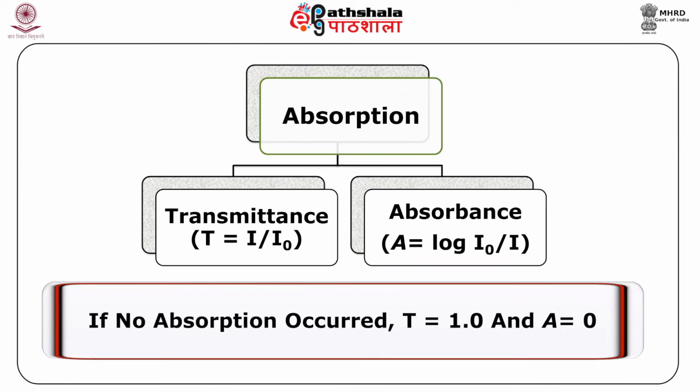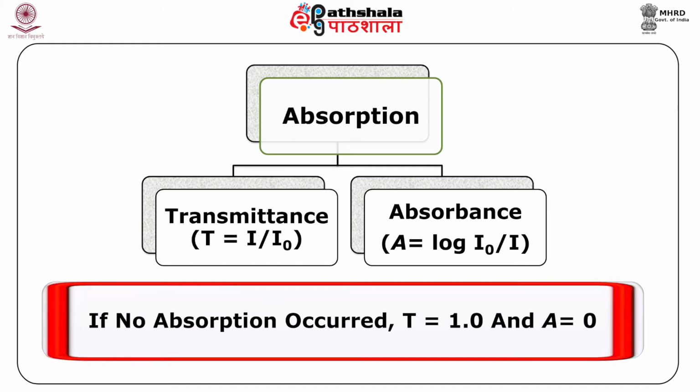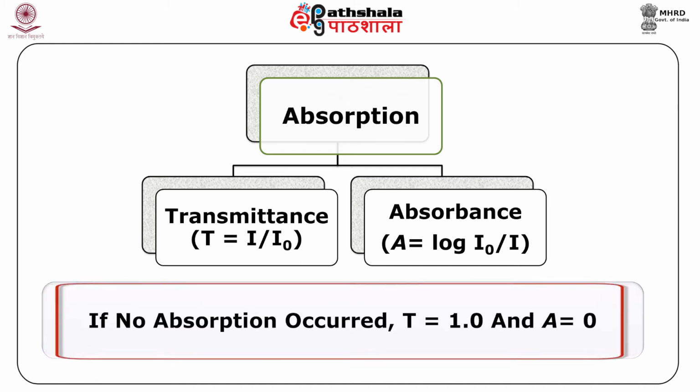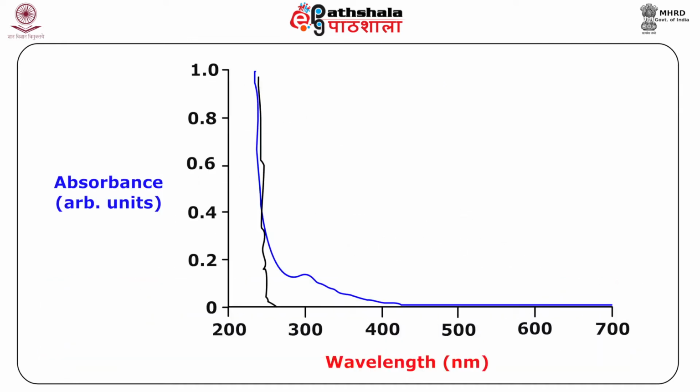If no absorption has occurred, then T is equal to 1 and A is equal to 0. Most spectrometers show absorbance on the vertical axis, and the normally detected range is from 0, that is 100% transmittance, to 2, that is 1% transmittance.